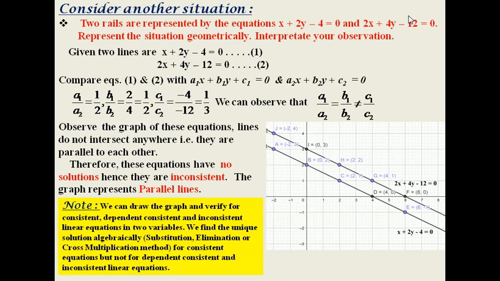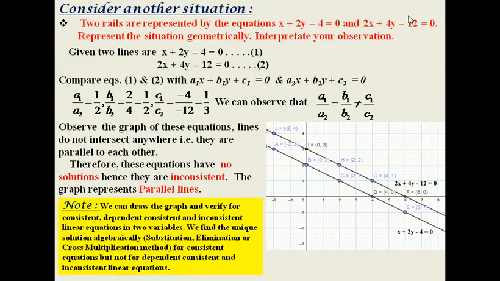We have to note that we can draw the graph and verify consistent, dependent consistent and inconsistent linear equations in two variables. We find the unique solution algebraically by three methods called substitution, elimination or cross multiplication methods for consistent equations, but not for dependent consistent and inconsistent linear equations.